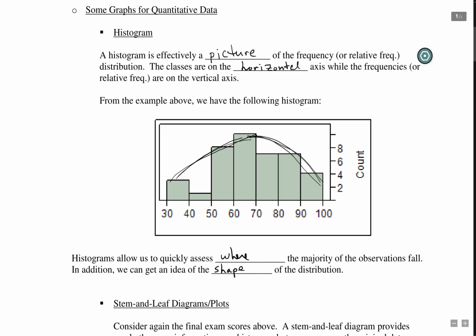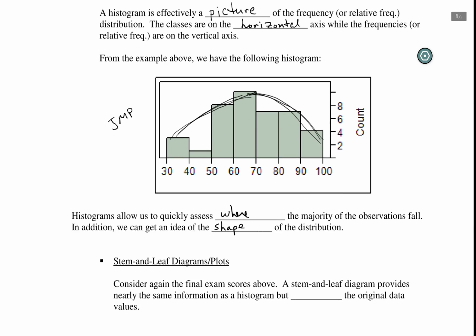That's pretty typical with grades, but the histogram allows us to see this sort of thing in the data. By the way, this plot was created using a program called JMP, J-M-P. I will post a tutorial for that later on.